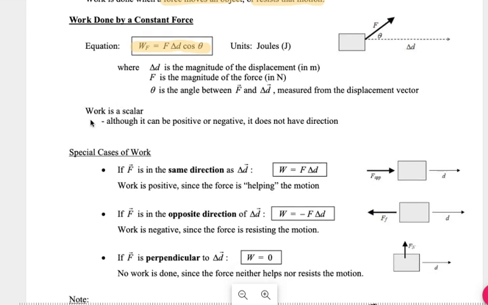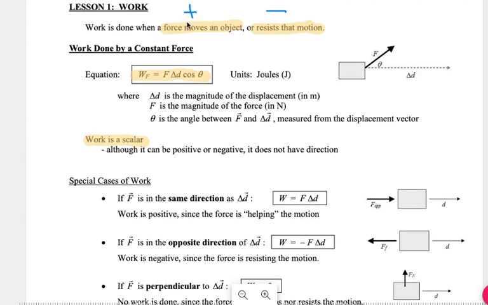So work is a scalar. This is really important, meaning it has no direction. Even though we can have a positive force or a resisting force lending itself to positive work and negative work, we don't really assign direction to work, so it's a scalar.